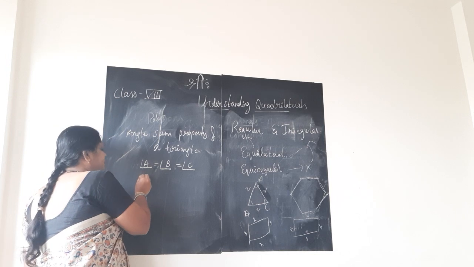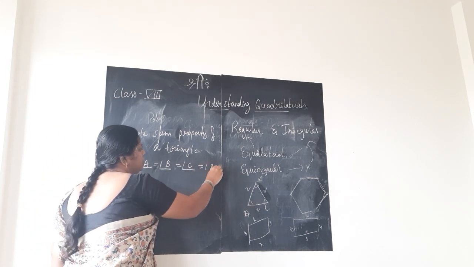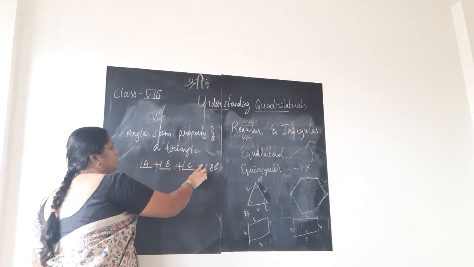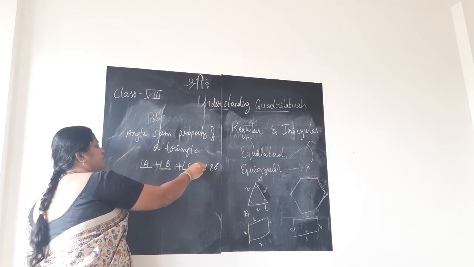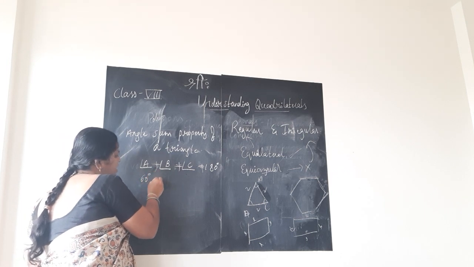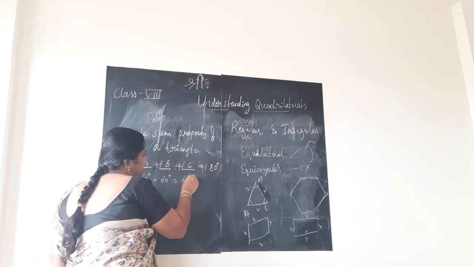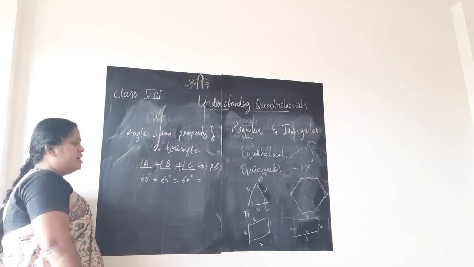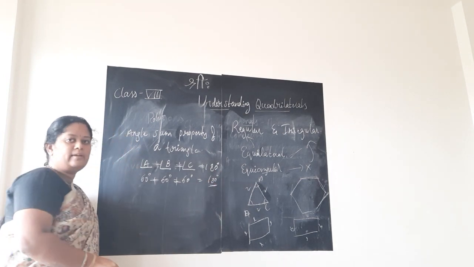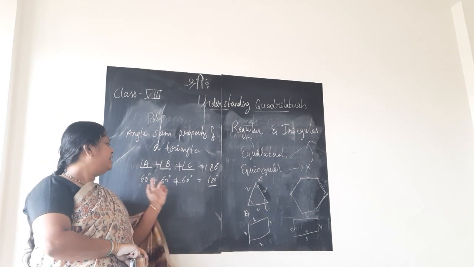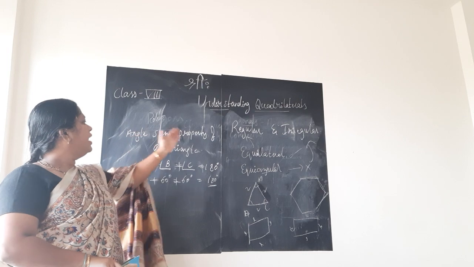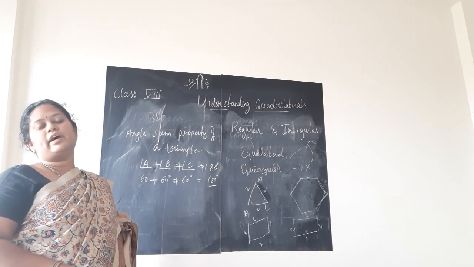Obviously, children, you have all learnt this. If they should be equal, then the sum of angle A plus angle B plus angle C is 180 degrees. That is, if angle A equals angle B equals angle C equals 60 degrees, then 60 plus 60 plus 60 is 180 degrees. So the sum of the three interior angles of a triangle is equal to 180 degrees. That is the angle sum property of a triangle, which you have already learned.